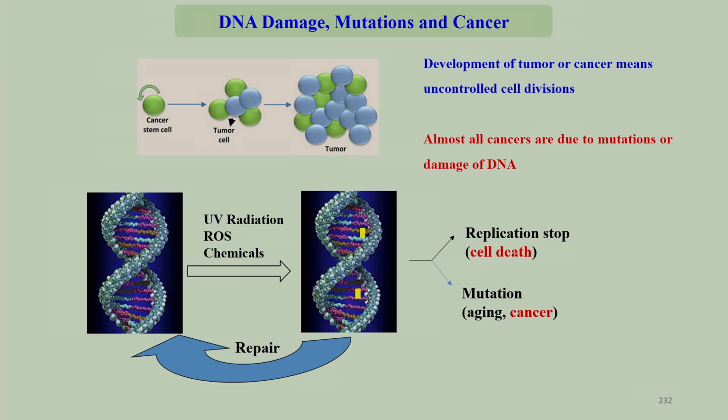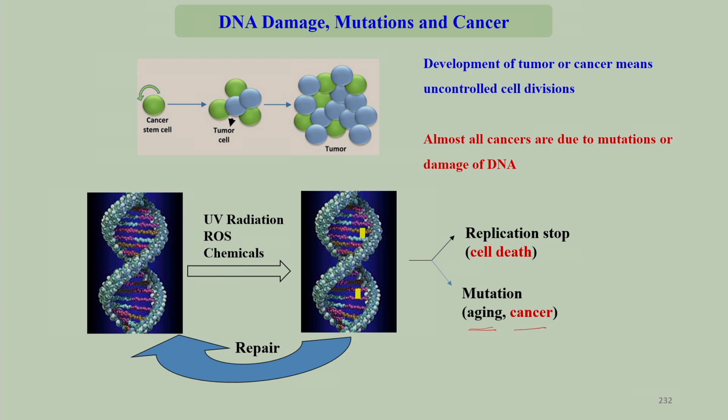One is that it very often stops the replication process, which leads to cell death. The cell will be dead after some time because there will be no further replication, or it can induce mutation in the genome that causes either aging, or that is also the primary cause of cancer.